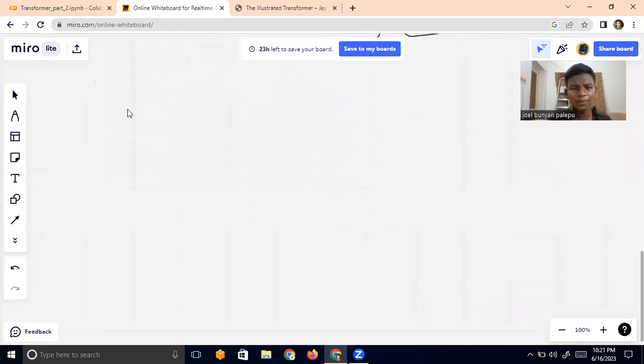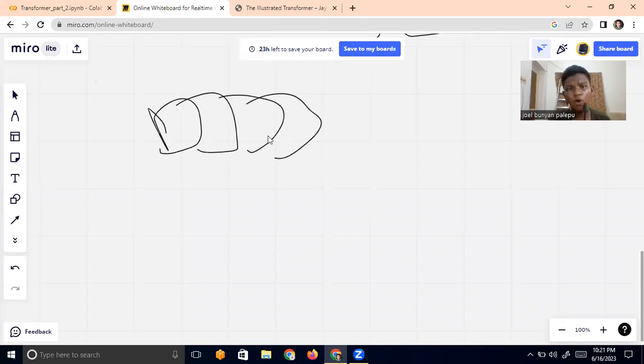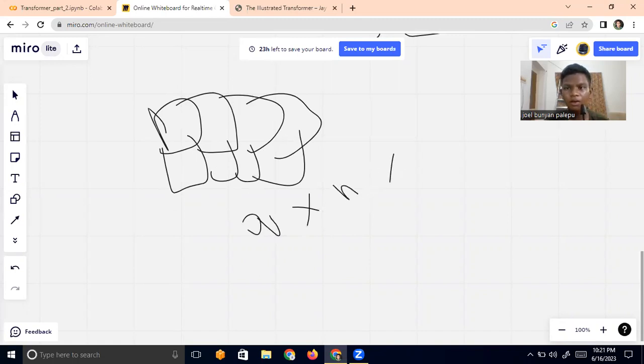So here d_model is nothing but, let's say you have four. Let's say this is a query vector. Only the query vector. Let's say we have 4 values for the query vector. The size is 4. So we are going to have, let's say, 2 heads. So it is nothing but the size of the query vector multiplied by the number of heads multiplied by the number of words. So that is actually d_model.